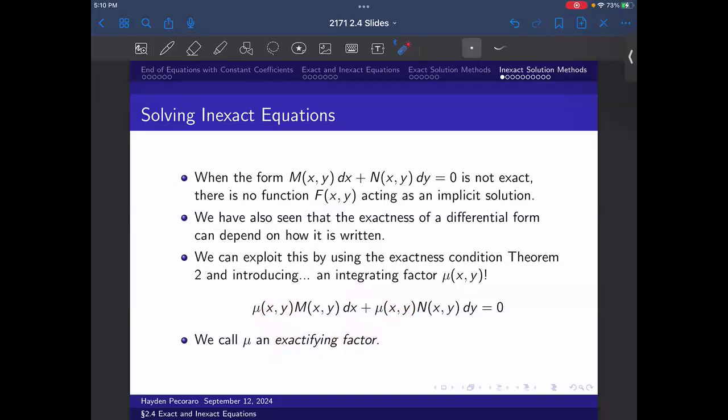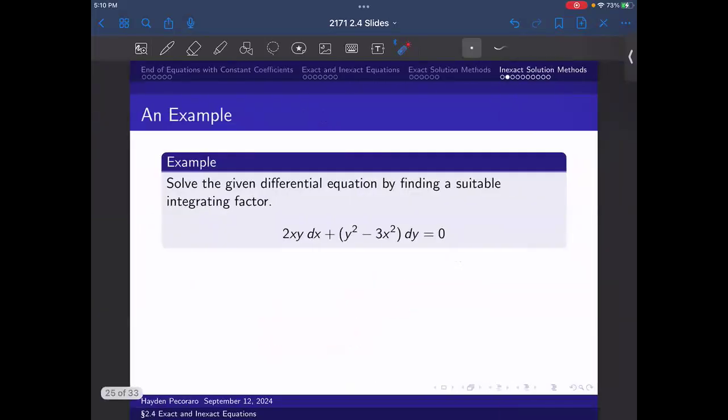All right. So how does this work? Well, we'll probably only get through this example and then that'll be it. I'll put the general part in the slides later. But I want to find some function mu that I can multiply in here.